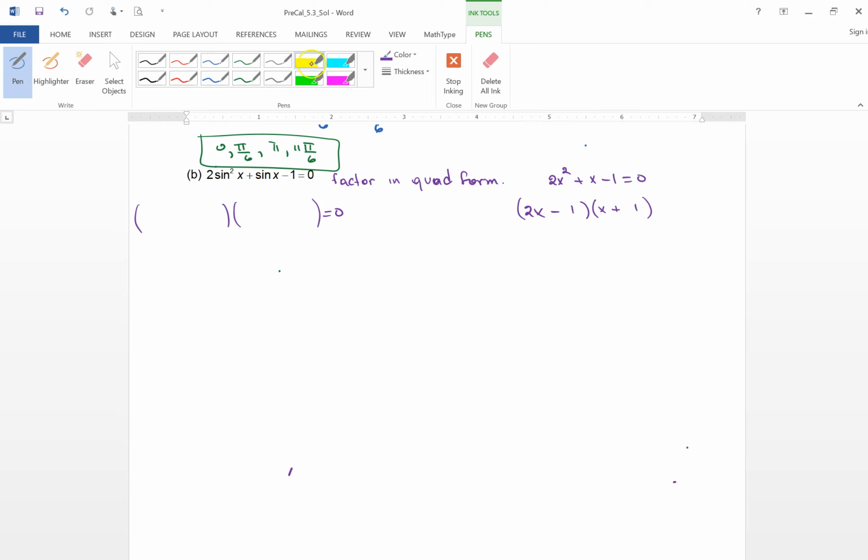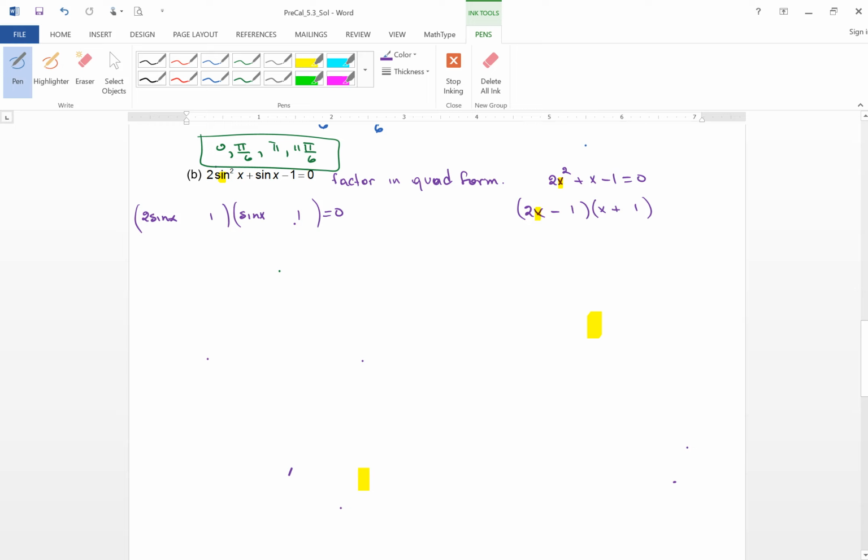So what's happened really is that the x's have been replaced by sines. And that's all that happens. That is all. So instead of having 2x and x, I have 2 sine x and sine x. Okay? And I have a 1 and I have a 1.